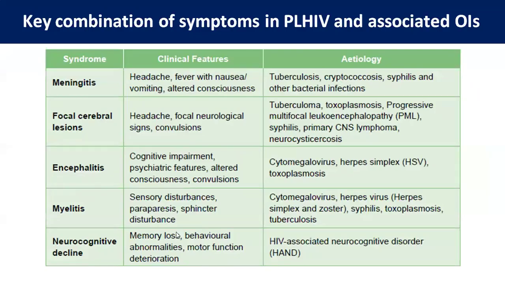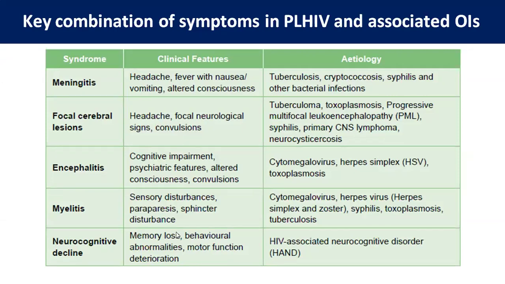So, what are the clinical features of various parts of the CNS involvement? For example, if meninges are involved, headache, fever, and nausea are the most important clinical features. The etiology can be tuberculosis, cryptococcosis, syphilis, and other bacterial.